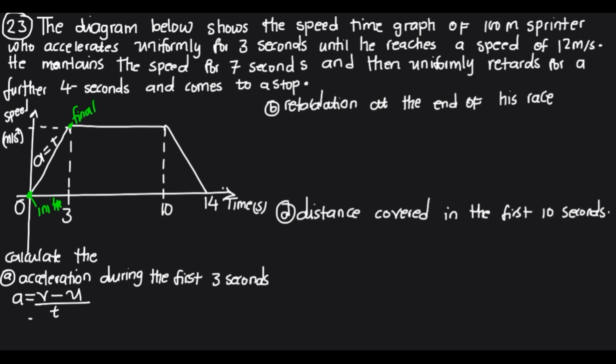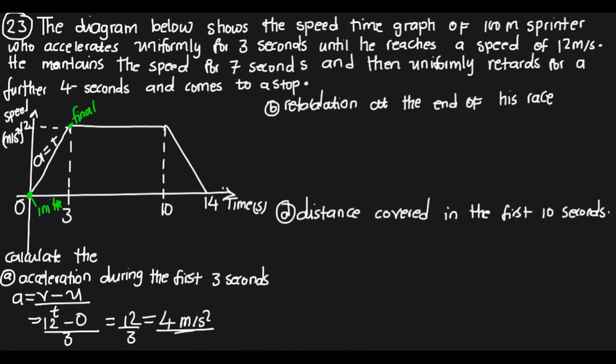So for the final velocity, we can see there is the number 12 here, minus the initial, which is 0, over the time taken, which is 3. Then we can do the math. 12 minus 0 is 12, over 3; 3 into 12 is 4. The units are meters per second squared.